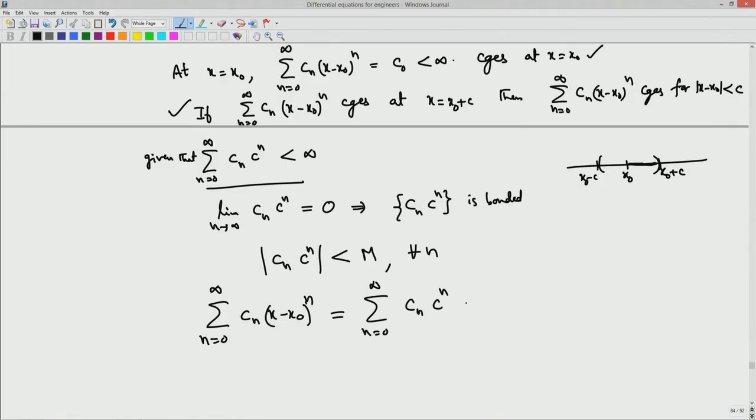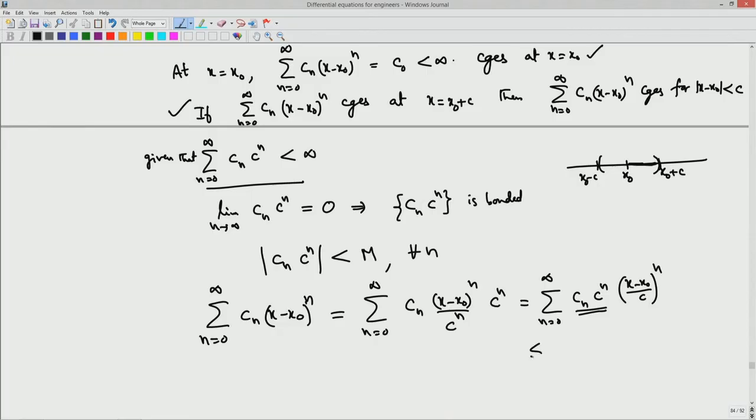So, this is equal to the sum, n from 0 to infinity, of C n c power n times x minus x naught power n divided by c power n, and you know that C n c power n is bounded.